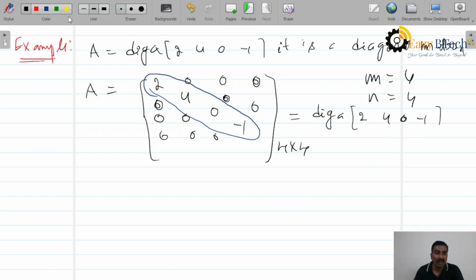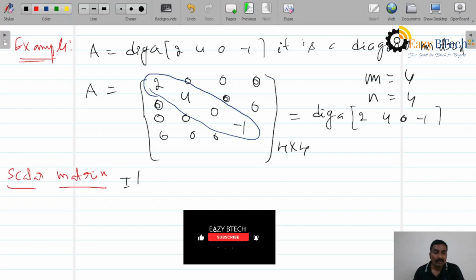Now come to the scalar matrix. What is a scalar matrix? The next one is the scalar matrix.